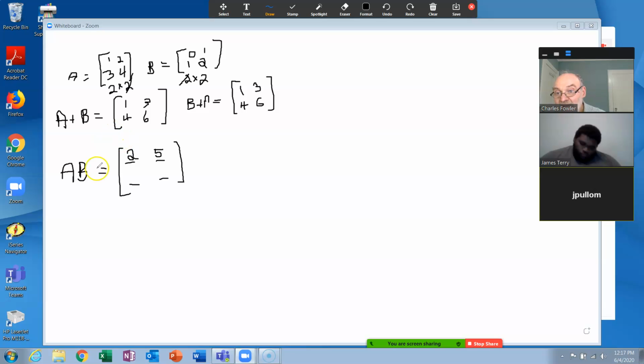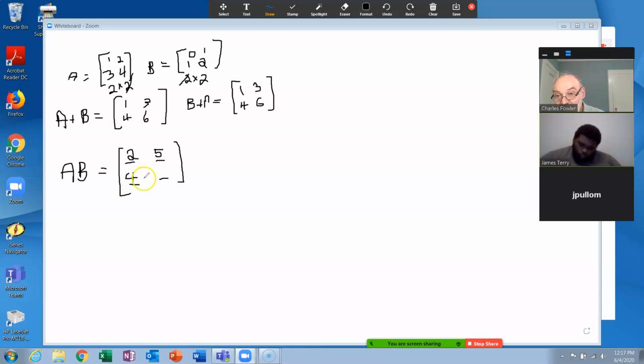Okay. Now this entry down here is second row, first column. So we take second row of A times the first column of B. 3 times 0 is 0. Plus 4 times 1 is 4. Okay, 0 plus 4 is indeed 4.